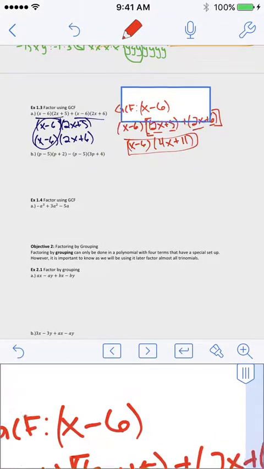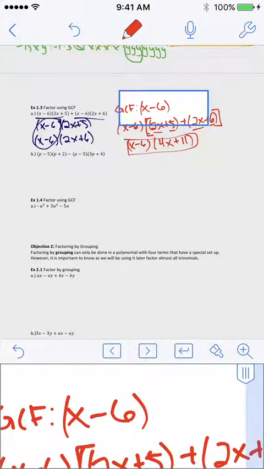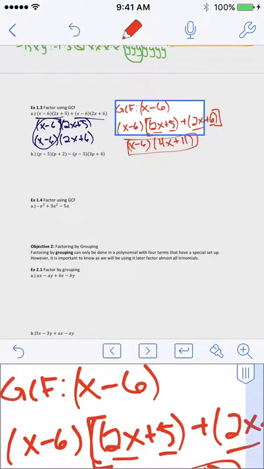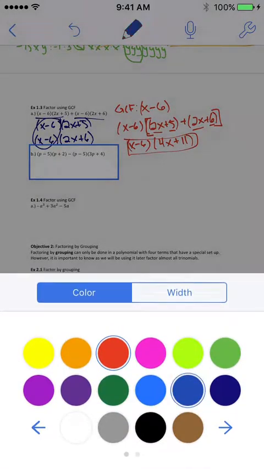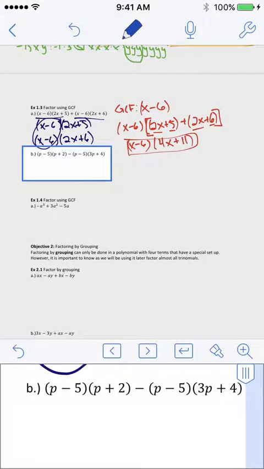But the main point here is that the GCF is now a parentheses. Something they have in common is an entire binomial, right? And we're going to use this in like 10 seconds when we step to grouping. So let's practice it one more time using this idea of a GCF as a parentheses. What do these two things have in common? Well, if you look closely, they don't have a p plus 2 in common, right?